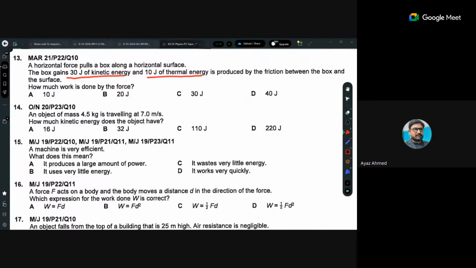It means that the work done by the applied force is equal to the gain in kinetic energy plus the work done against friction, isn't it? Do you agree? Yes.